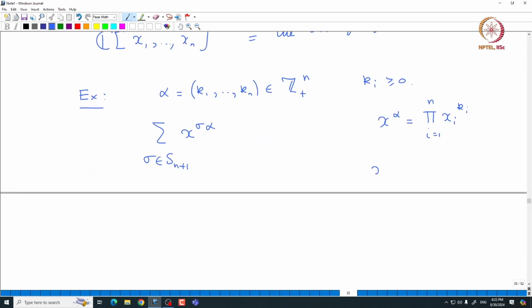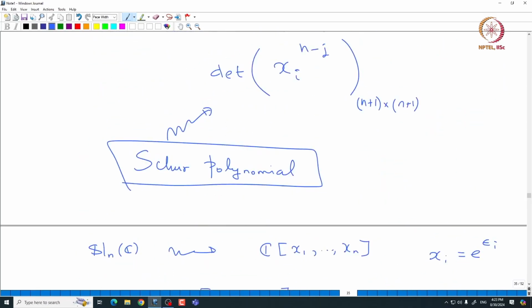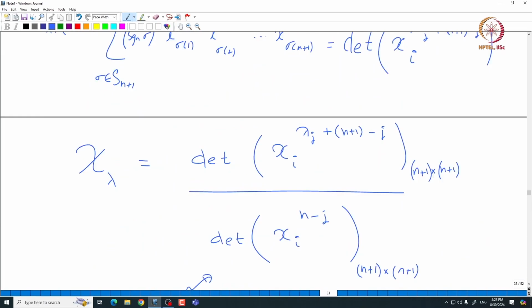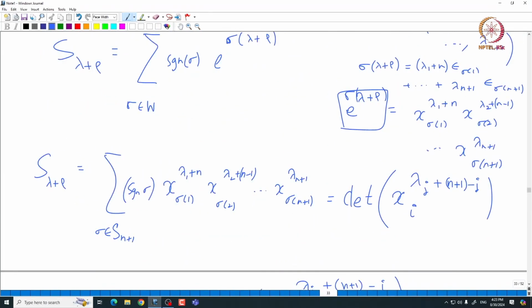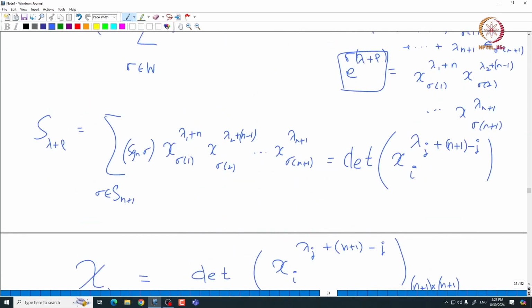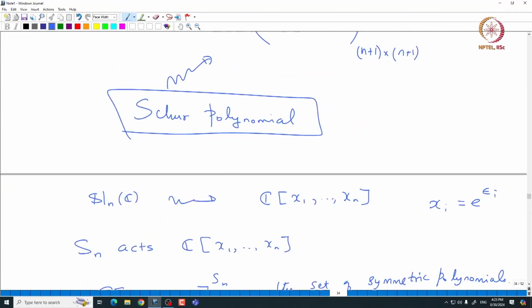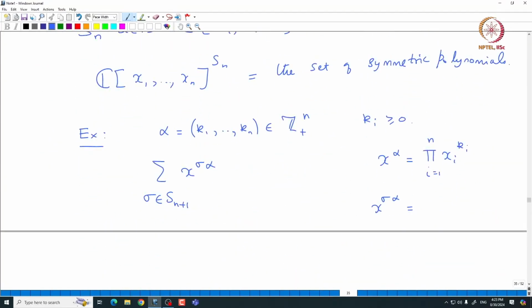Now, what is x sigma alpha? You just define it as before. Basically, the sigma indeed acts on the variables. Okay. So, if you want to think about it in terms of the coefficients, maybe let us not put it on top, let us put it here, sigma of x alpha.